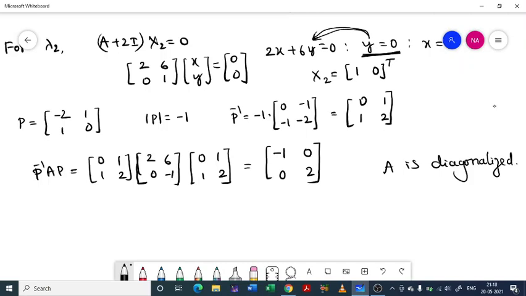If you take x equal to 0, then the process will stop there. Why? Because then you will get x2 to be (0, 0), but by our definition an eigenvector is a non-zero column vector. So you are not supposed to take x equal to 0. You only have to follow y equal to 0, and choose x to be arbitrary.